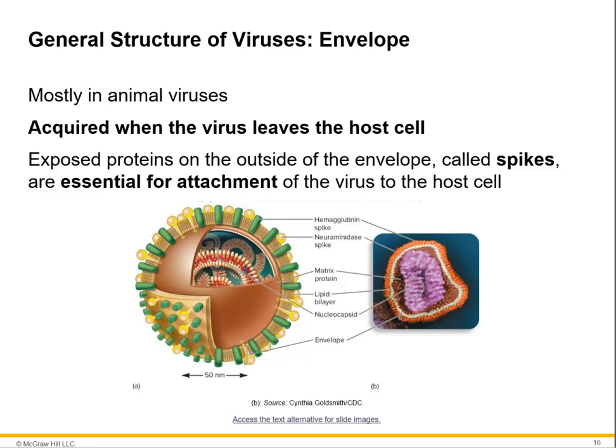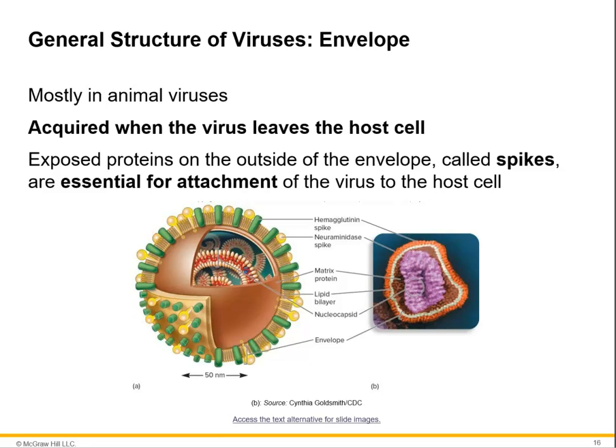All right, enveloped viruses. You are going to see these mostly in animal viruses. So a lot of the viruses we'll be talking about in this course are going to have an envelope. Where does the virus get this envelope? Well, when it leaves the host cell, it takes a little bit of the host cell's cell membrane with it, and it creates an envelope around itself.